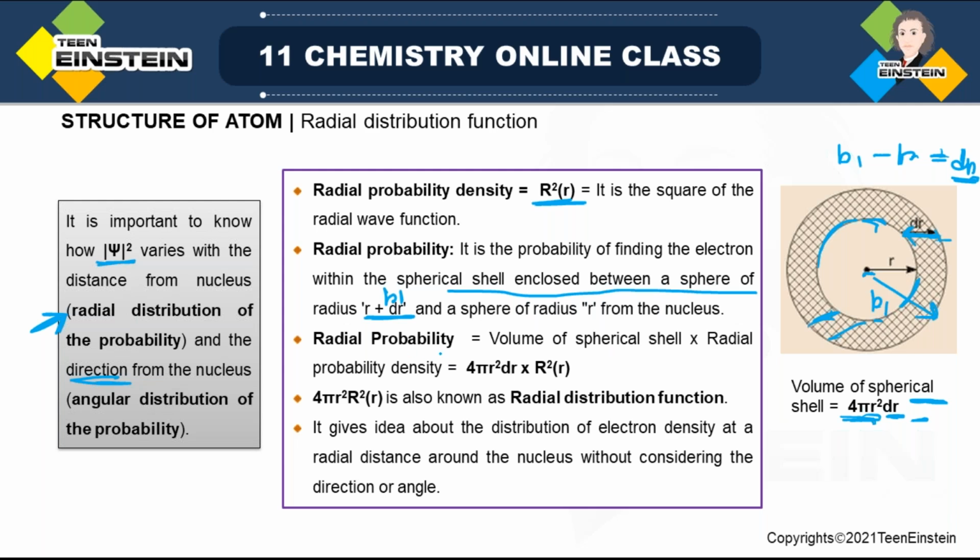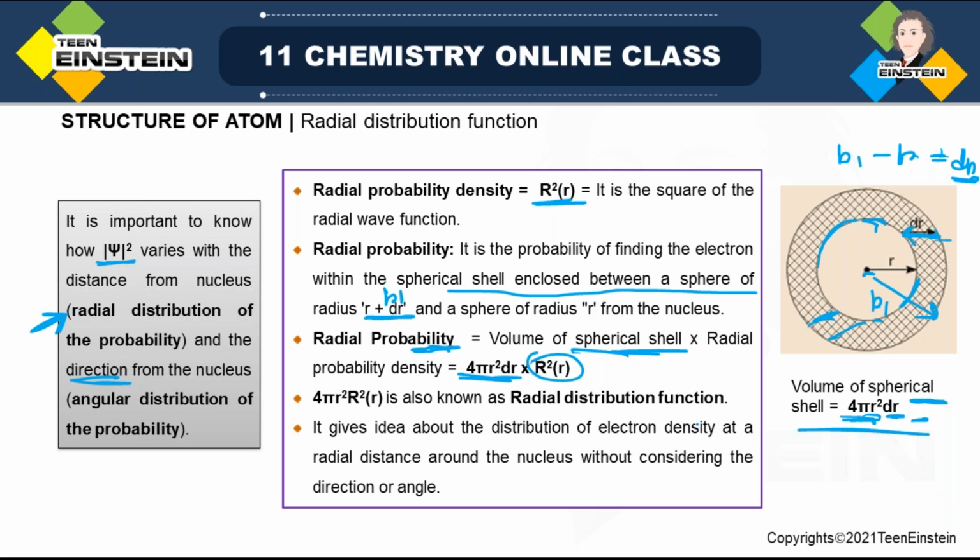So how can you get this radial probability? To get it, you have to multiply the volume of the spherical shell with the radial probability density. Radial probability density, we have seen in the first line, is R square, and you have to multiply by the volume of the spherical shell, which is calculated here as 4 pi r square dr. Now when you multiply it, you will get radial probability.